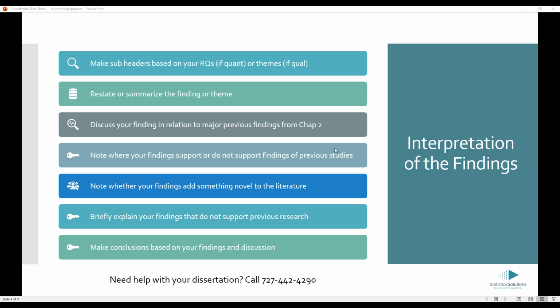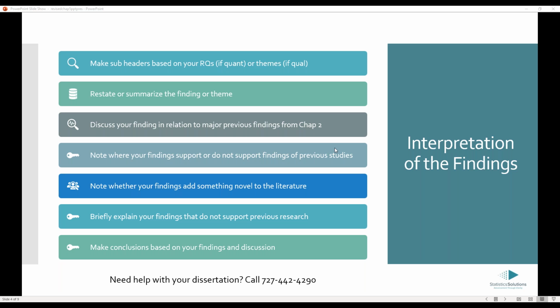So in the cases where your findings may not support previous research, it's appropriate to offer an explanation of why your findings may not have supported or aligned with previous research. Sometimes it involves the population or sample, you know, you're looking at a different group of people. There can be various explanations, but you should try to offer an explanation of the difference.